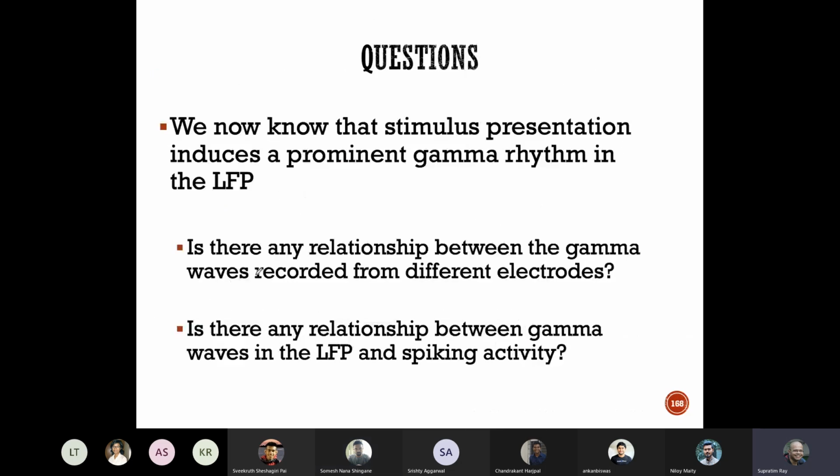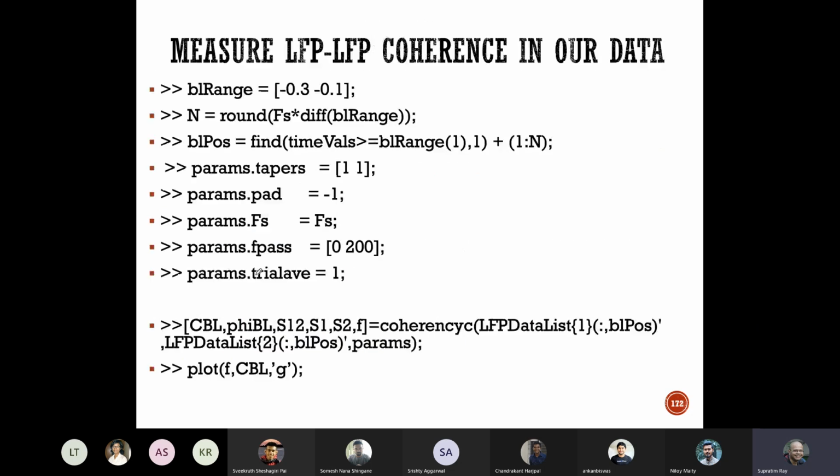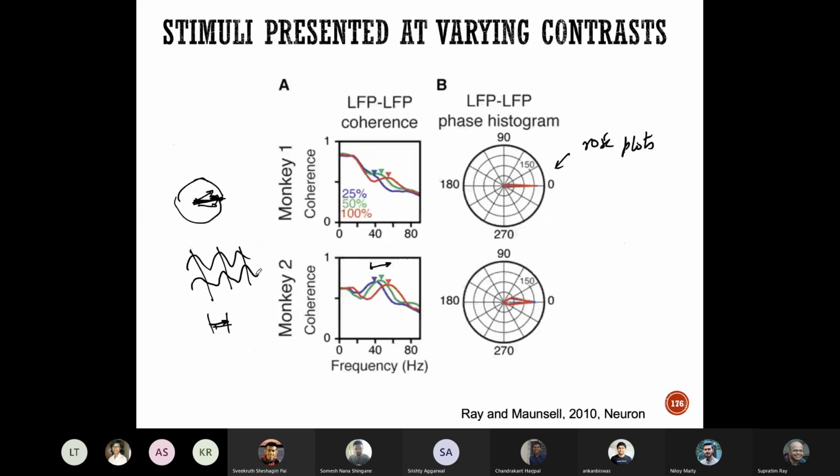And the answer is yes. There are gamma waves recorded in different electrodes, and they seem to maintain a particular phase relationship. And in case of LFPs, the phase difference is 0 on average, which means that they are phase aligned. And this bump here shows that it's more consistent in phase than neighboring non-gamma frequencies.